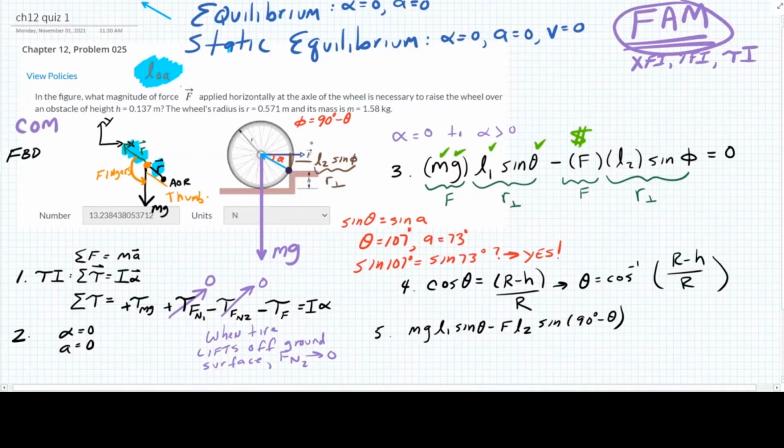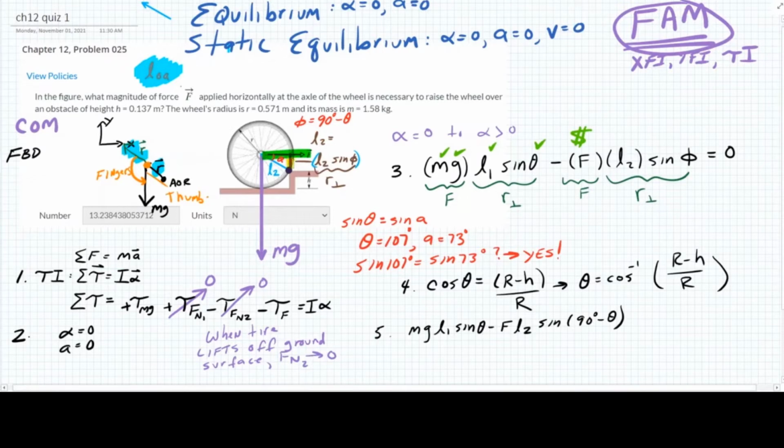You can see that the magnitude of L2 is the same as the radius, because L2 is the position vector from the AOR to the point of force application. So when I take the sine of this angle phi, this is my leverage. This is the leverage that force F has. Here's the force, the externally applied force, highlighted in green.